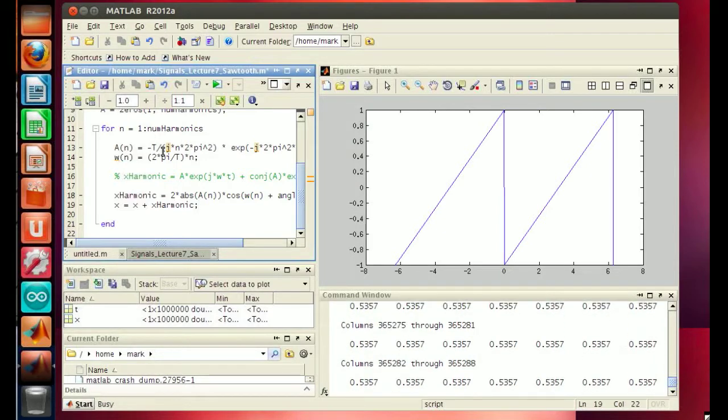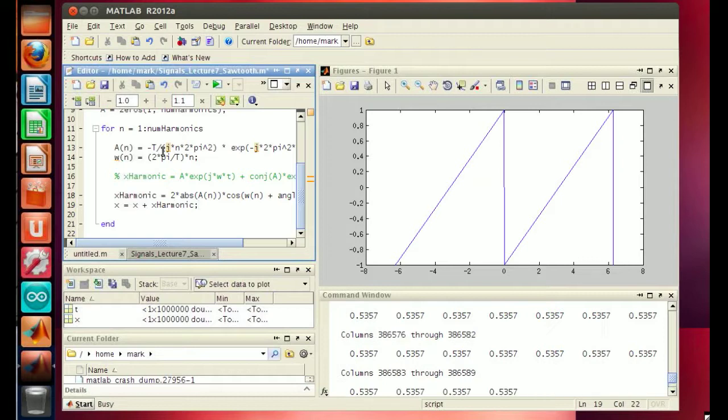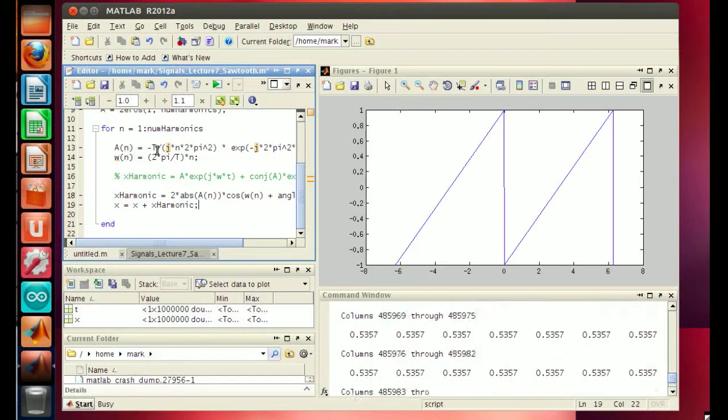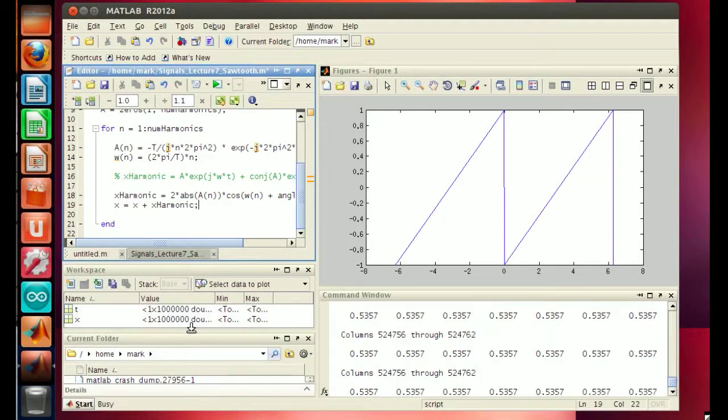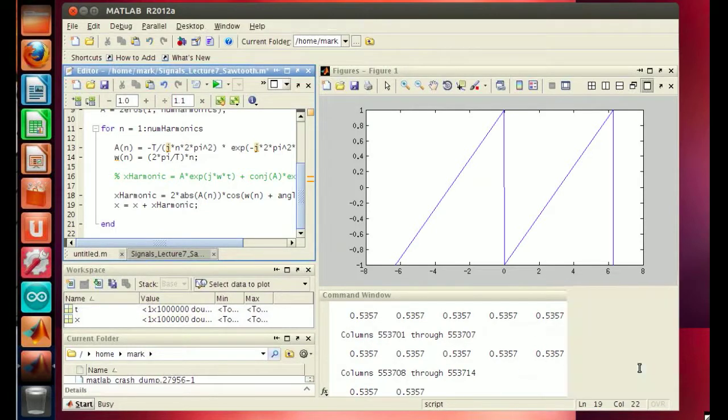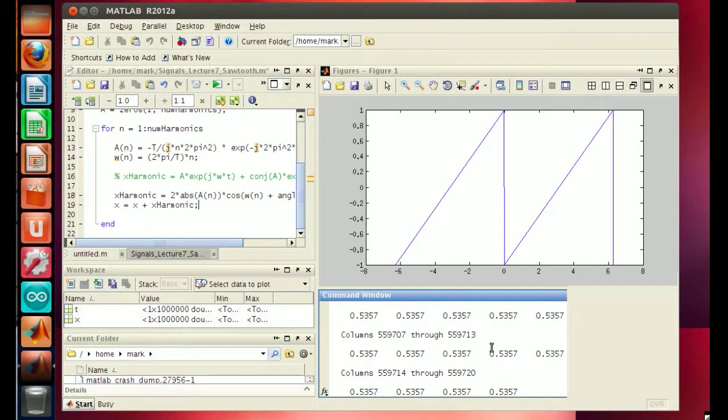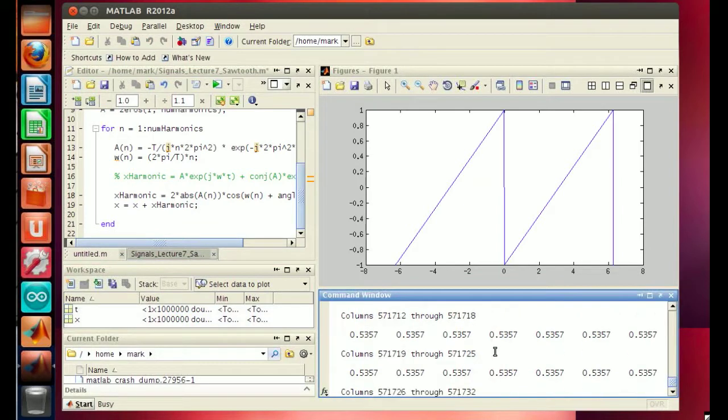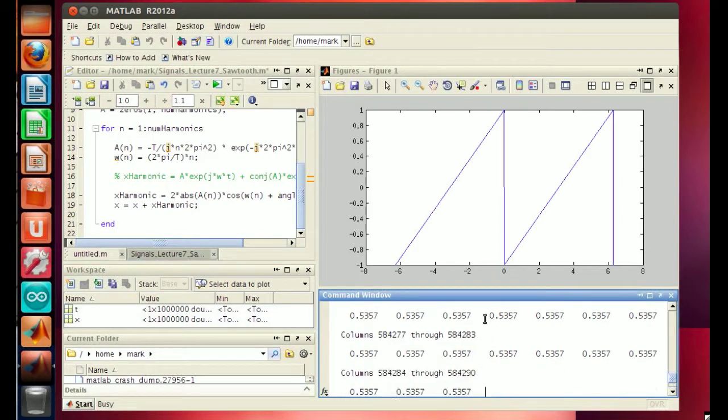So this is negative period of e to the positive j, negative period over j n squared pi squared times e to the negative j 2 pi squared n over T. I could rewrite this if you want, but for now, let's just run it and we'll see what we get, and then I can show that one to you.